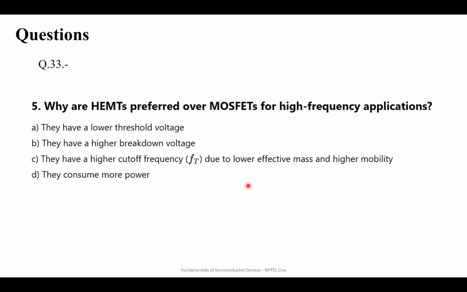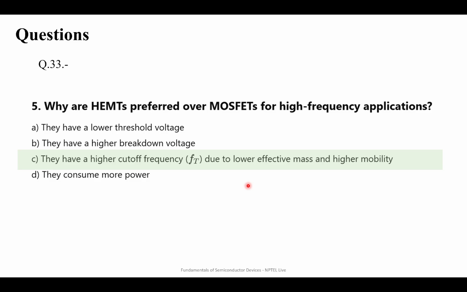Why are HEMTs preferred over MOSFETs for high frequency applications? They have a lower threshold voltage, they have a higher breakdown voltage, they have a higher cutoff frequency due to lower effective mass and higher mobility, they consume more power. That is correct.